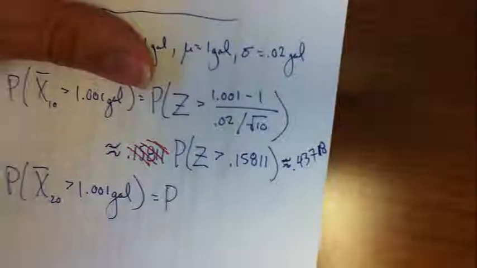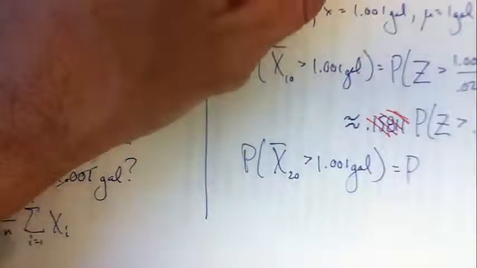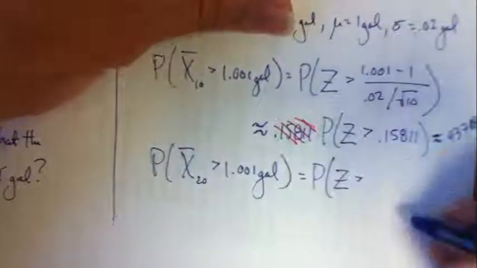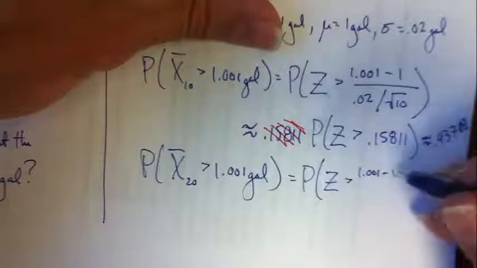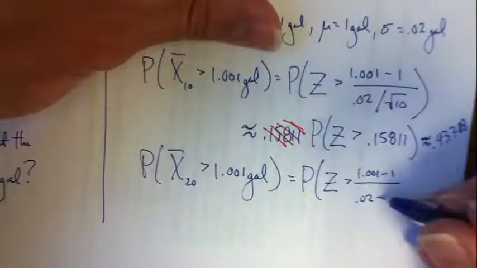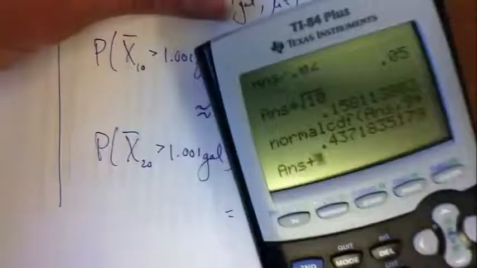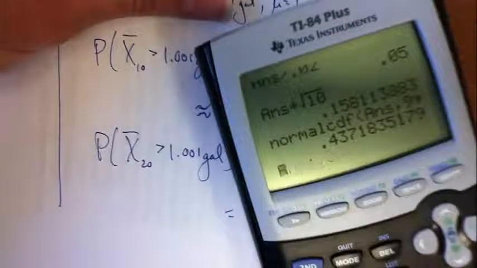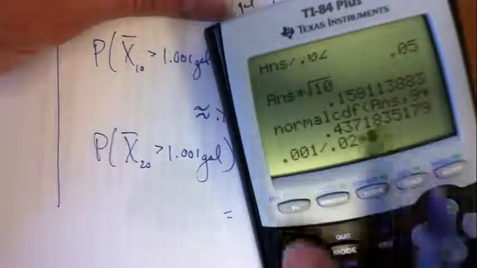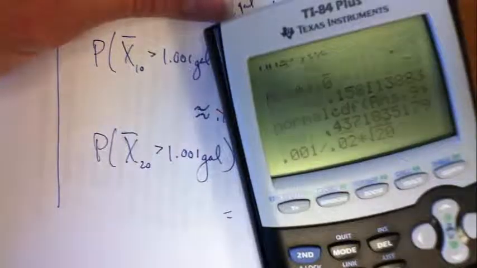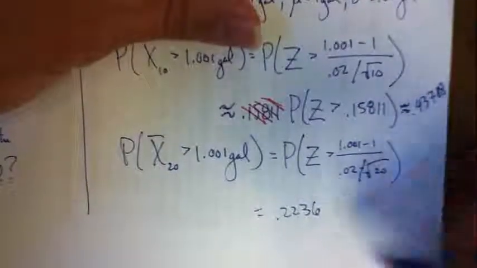Very good. All right, let's do this one here. This is the chance that a standard normal exceeds (1.001 minus 1) over 0.02 divided by the square root of 20. All right. 0.001 is the top, times root 20. Okay, 0.2236. See, it's smaller, right?